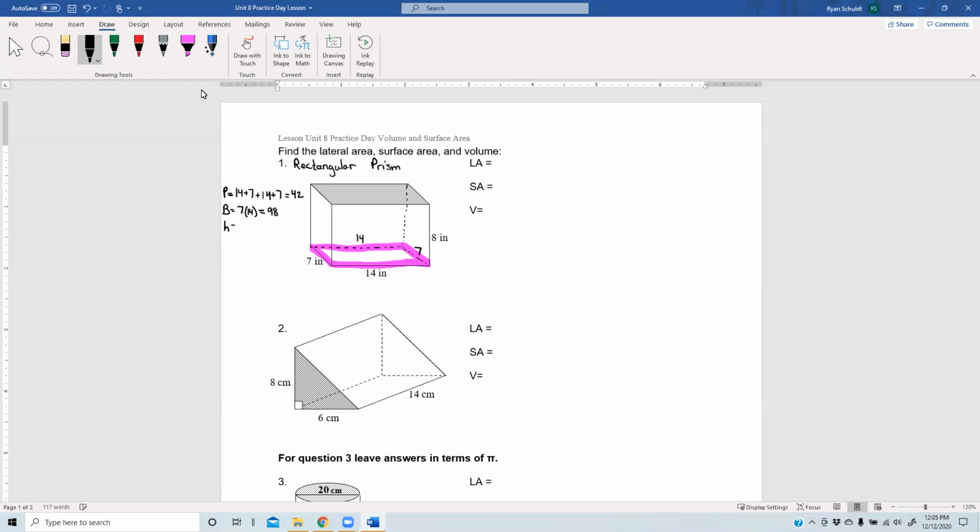Then we need H. The height of the prism is 8 inches. We've got the three things we need, so we're good to go now.